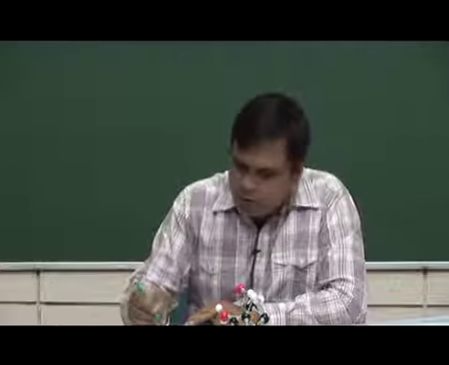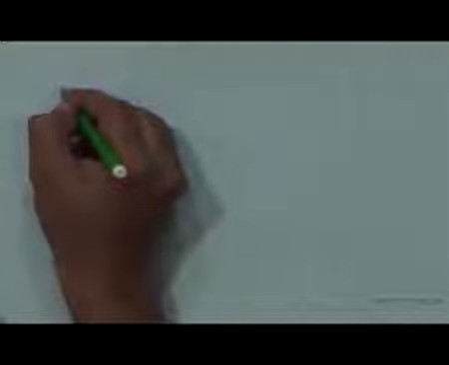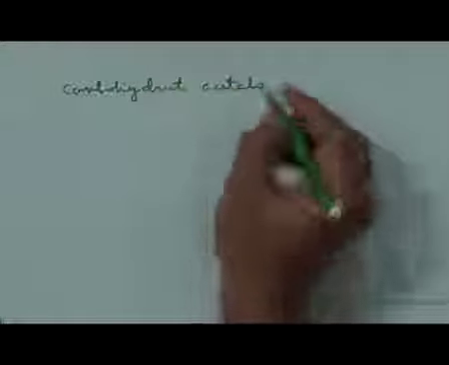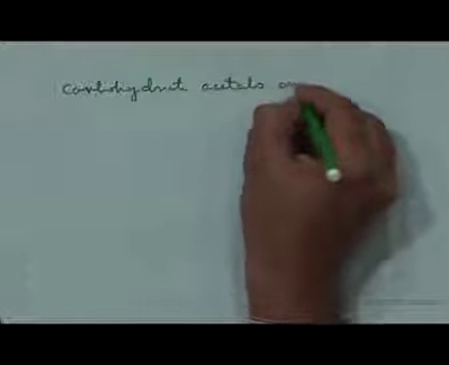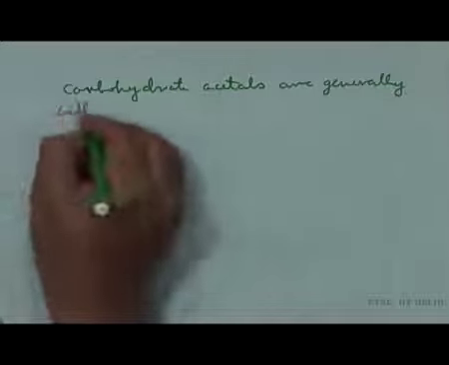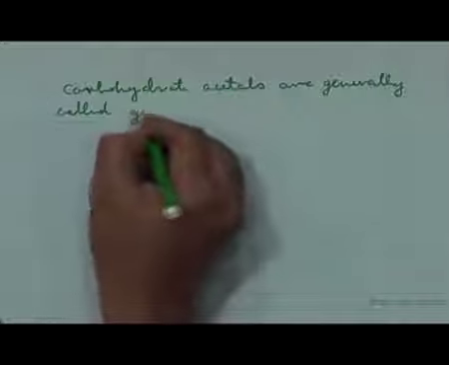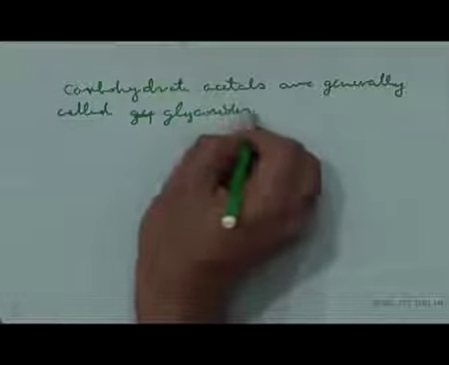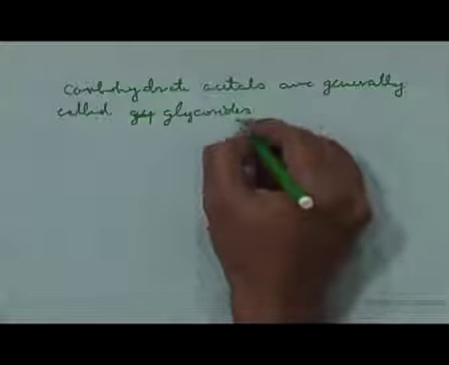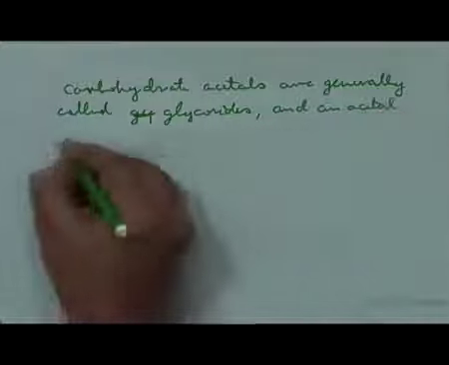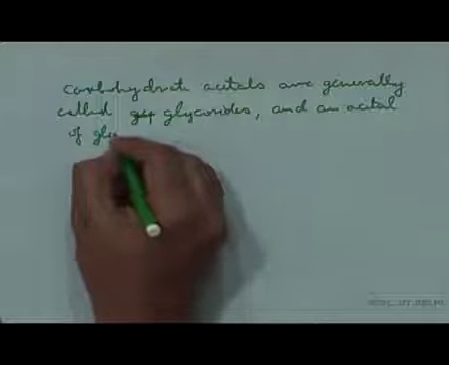Carbohydrate acetals are generally called glycosides, and an acetal of glucose is called a glucoside.